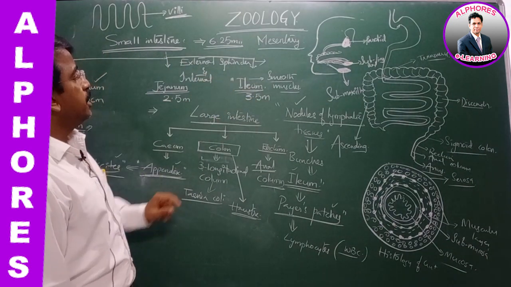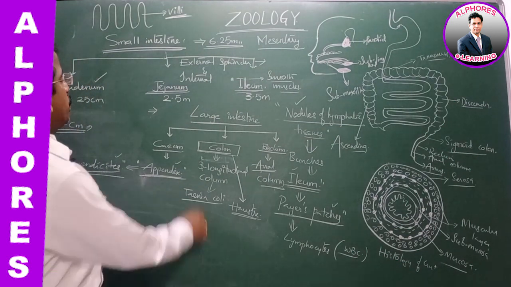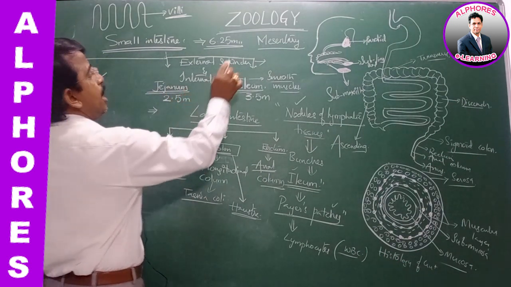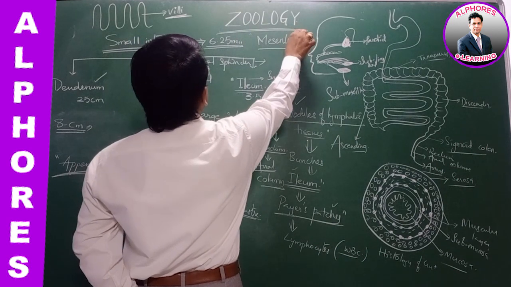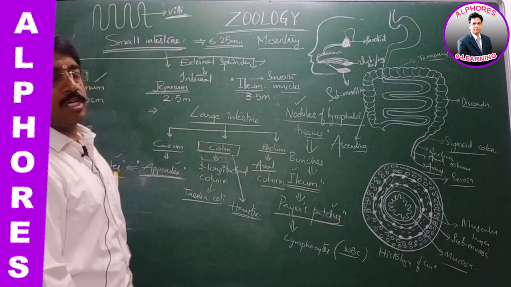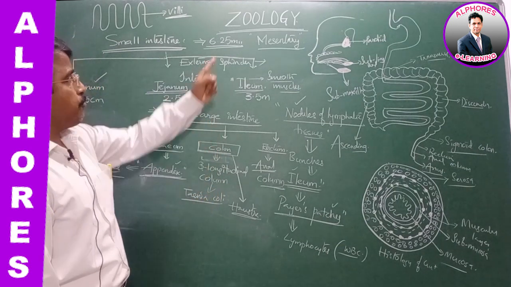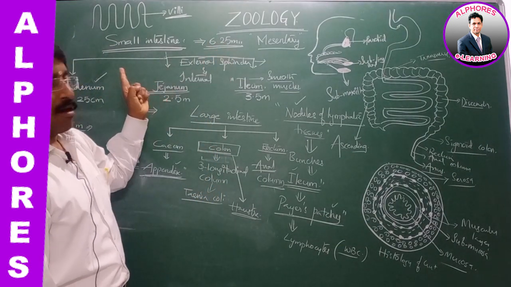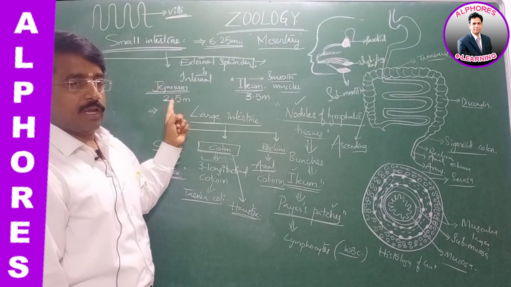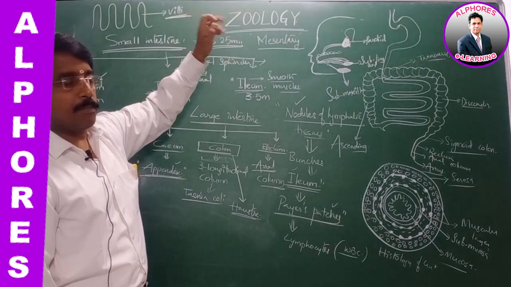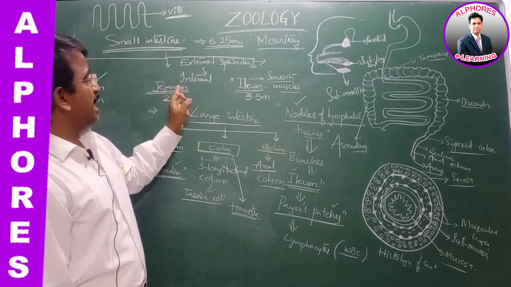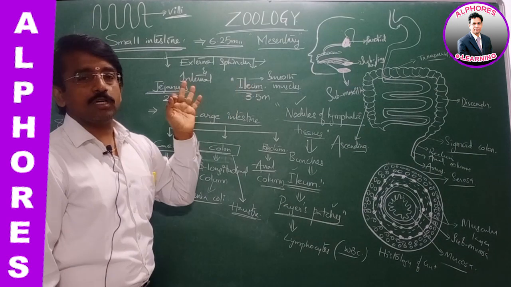The jejunum and ileum are held in place by the mesentery, a fold of peritoneum. A fold of the peritoneum connects the jejunum and ileum to the abdominal wall.